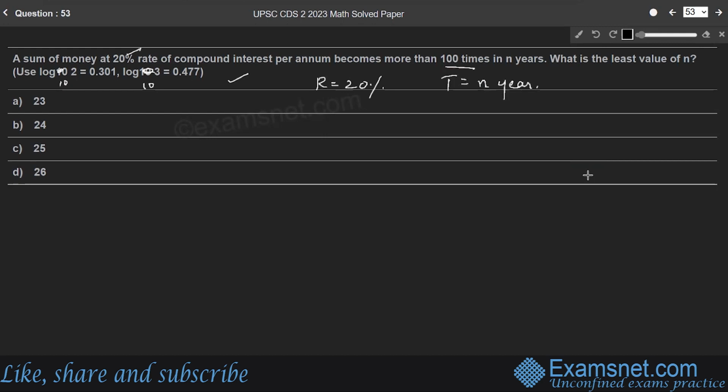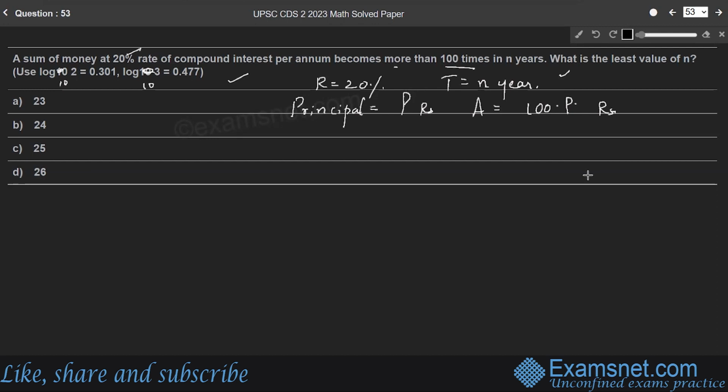If you consider the principal as P rupees, it amounts to 100 times the principal. So what is the least value of n?